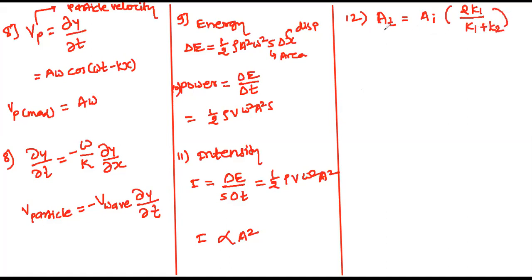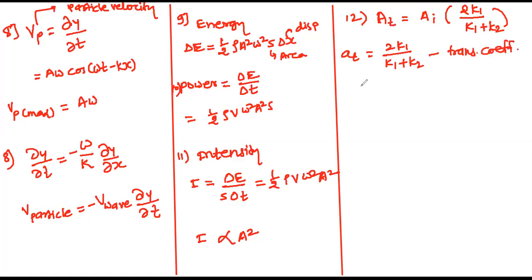This is amplitude. And this one is what? Transmission coefficient. AT is equal to 2K1 by K1 plus K2. This is called transmission coefficient.